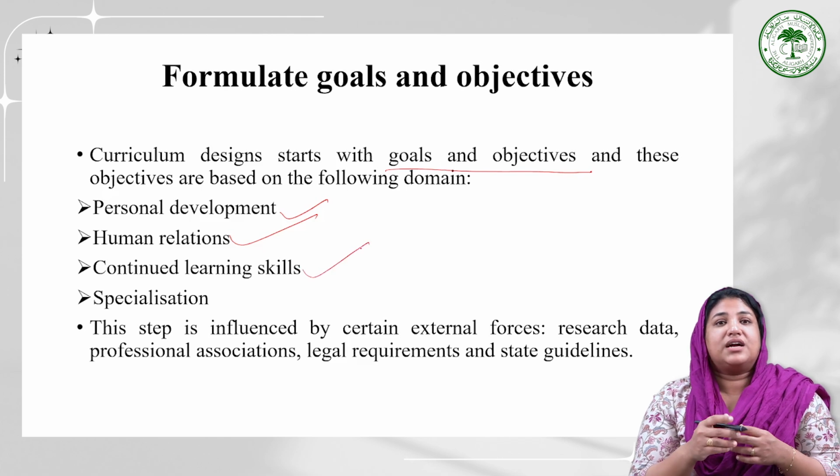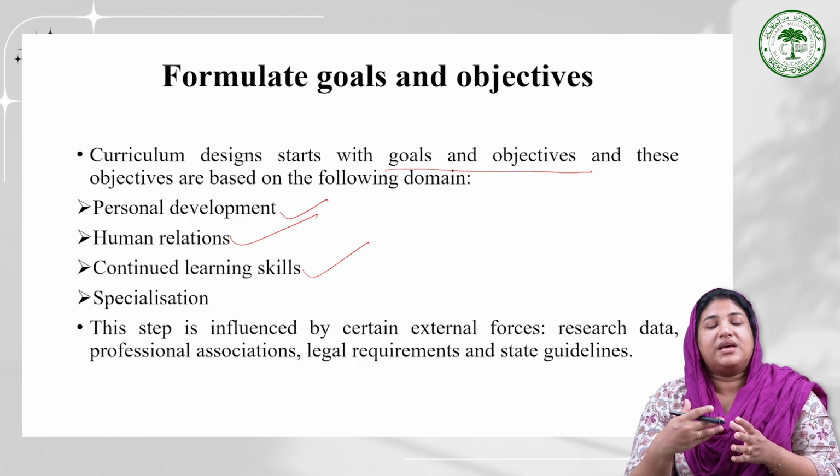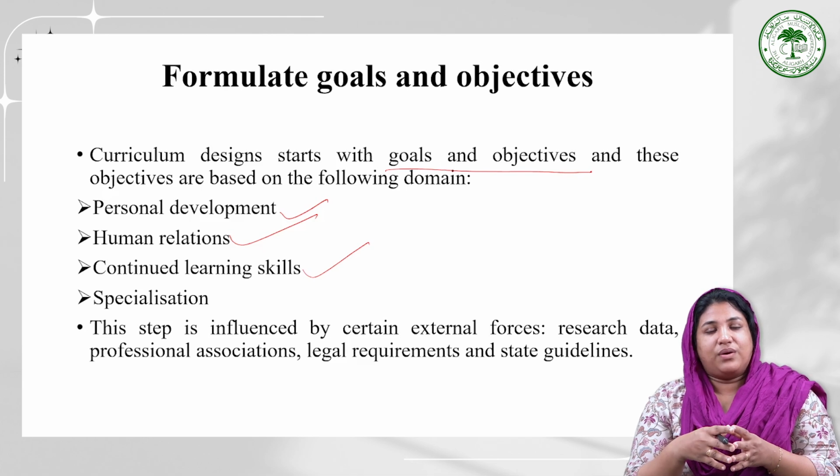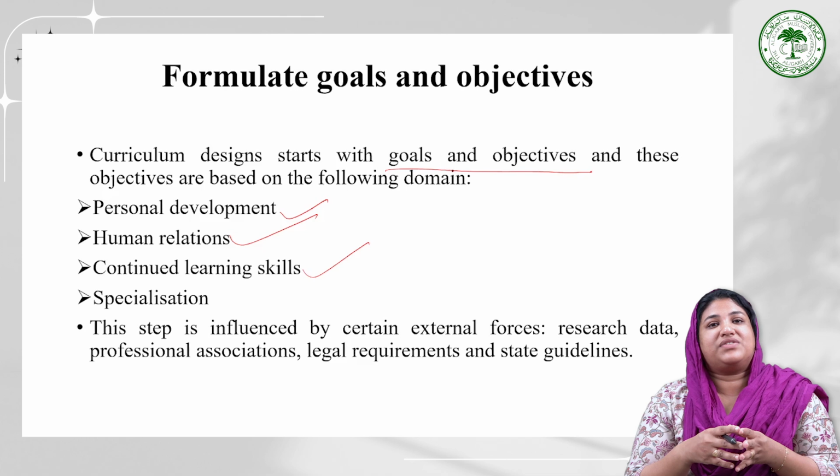Apart from that, continued learning skills. Skills should be continued, and the curriculum should give importance to skill development. We have understanding, of course it is good. We have knowledge, yes it is better. We should have skill in it, then only it will become the best part of the curriculum.